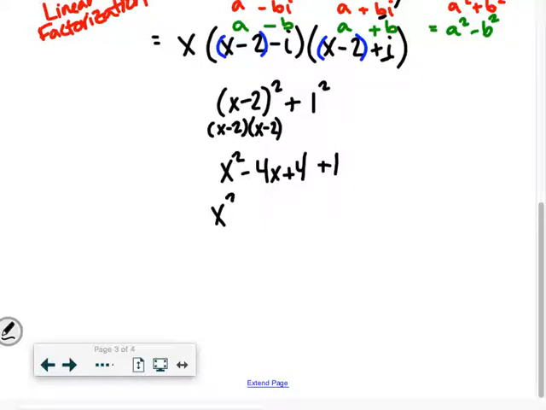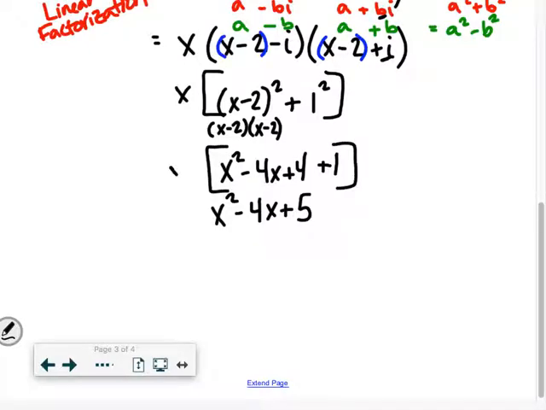So that's x squared minus 4x plus 5. And all the while I was multiplying everything by the x. So this is really like do this stuff and then multiply by x. So bring that down. So then my final polynomial would be x cubed minus 4x squared plus 5x.